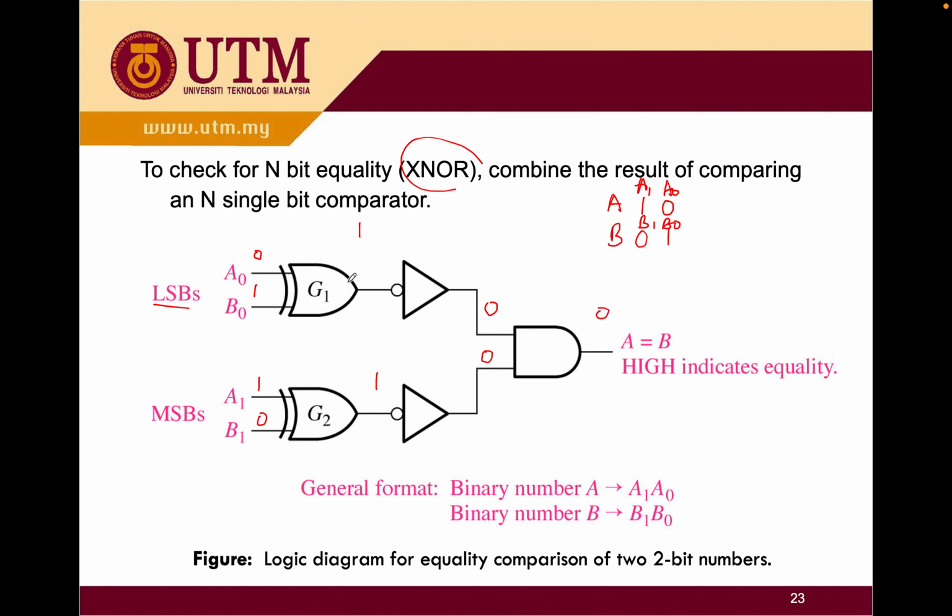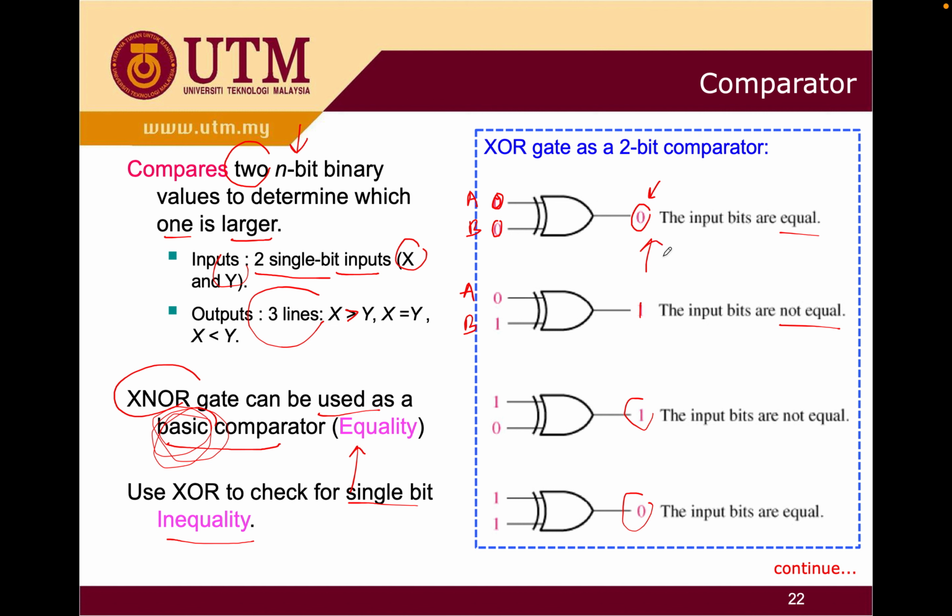So just now we were using only XOR. Now we're going to use XNOR. That's why it's different from this one. Just now XOR 0 is equal. Of course, if you have NOT, it's going to be not equal.